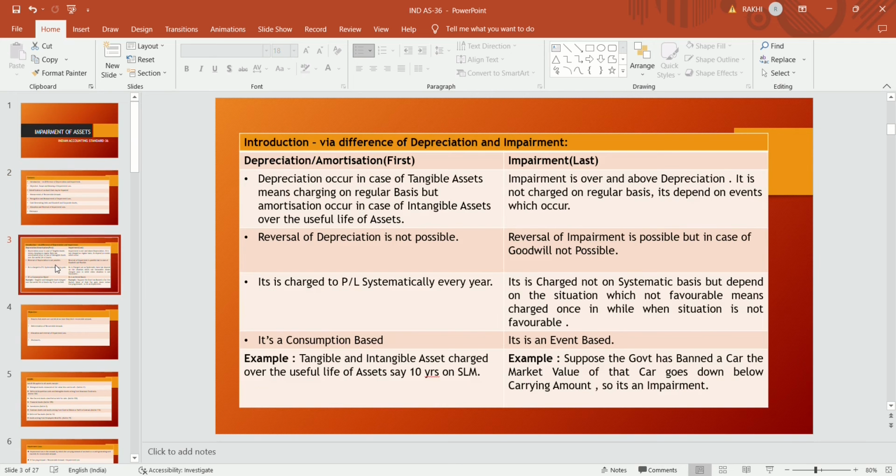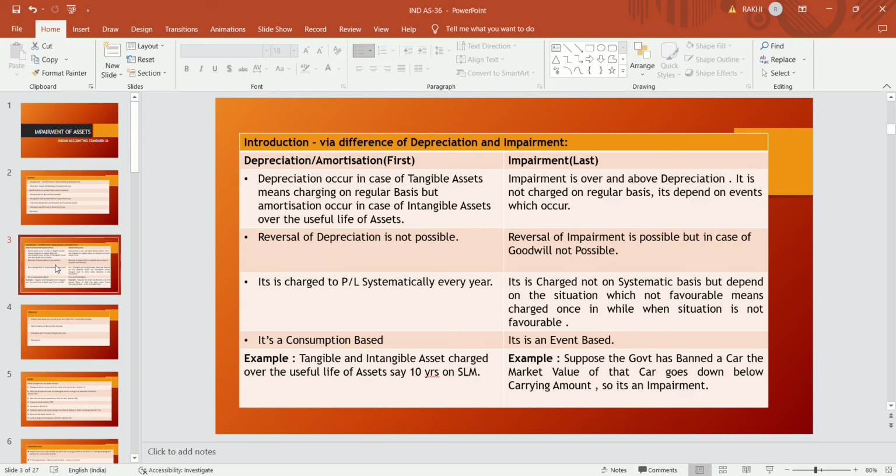Firstly, we will discuss the introduction, the difference between depreciation and impairment. How we will determine the carrying value of the asset, we will study in Ind AS 40, Ind AS 16, and Ind AS 38. What do you mean by carrying value? Carrying value is the original value minus accumulated depreciation, minus impairment loss if any.